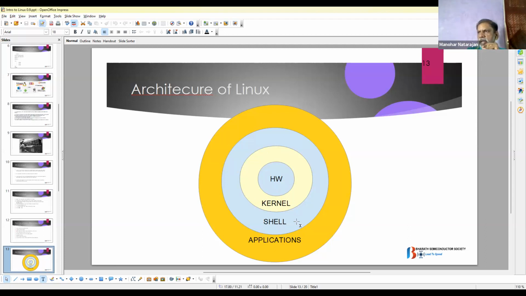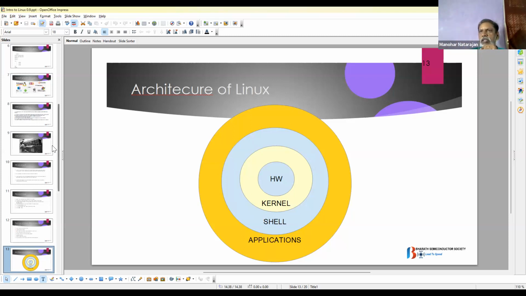And then we have what is called the shell. You might have heard of the Unix shell. We have things like C shell or K shell, different shells are there. The shell is a layer which comes in between the kernel and the application. The shell is your Linux command line interpreter. Historically, Unix and Linux both came from a period of time where there were not even displays.